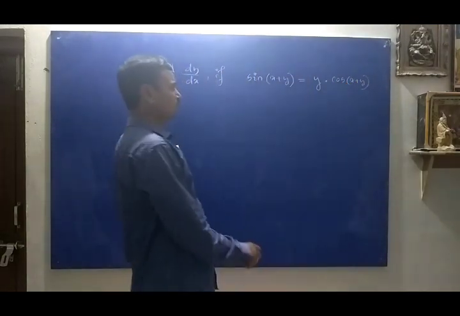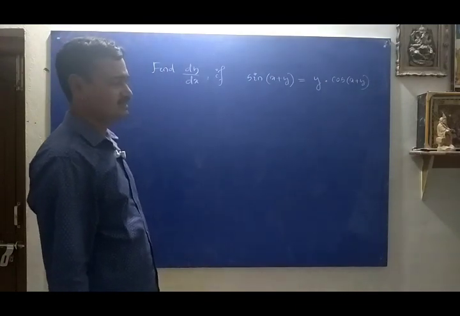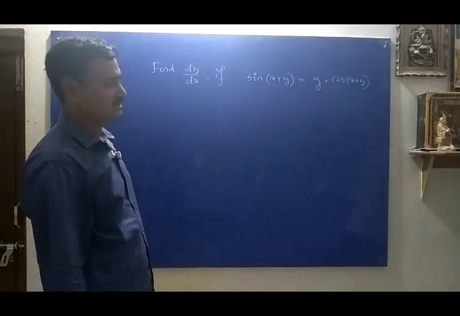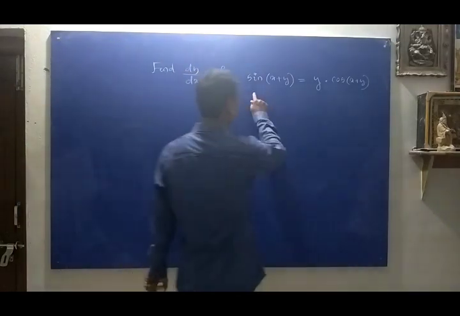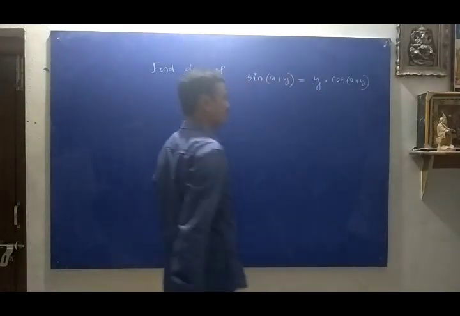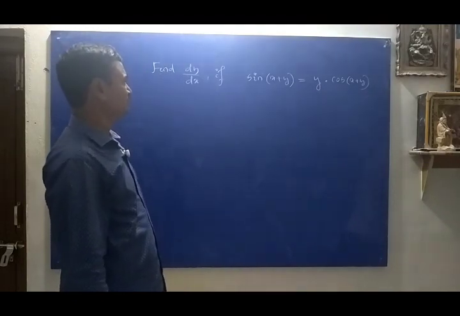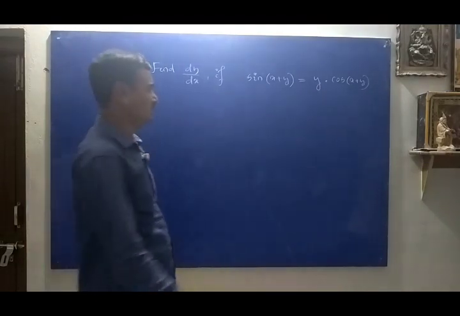So here y cannot be expressed in terms of x, or x cannot be expressed in terms of y. So this is called the implicit form. So how to find dy by dx?